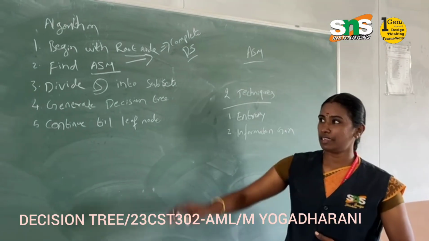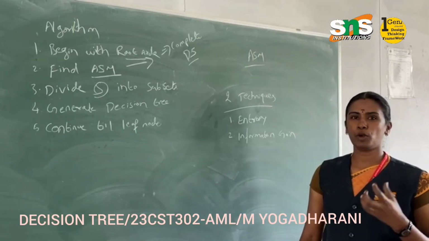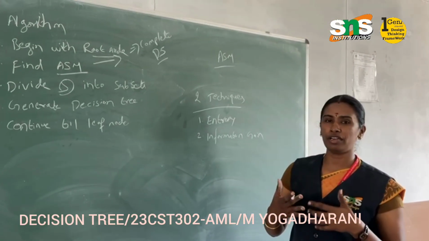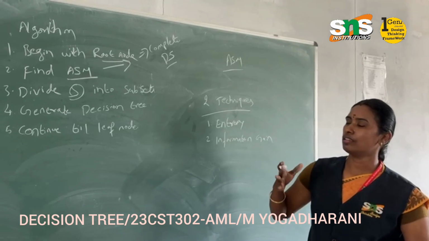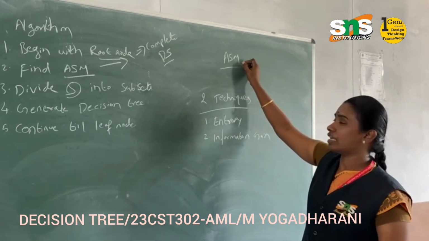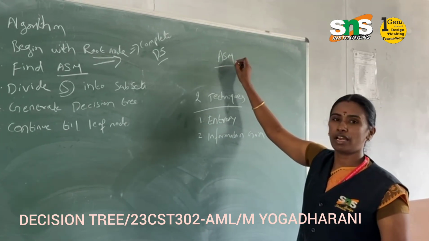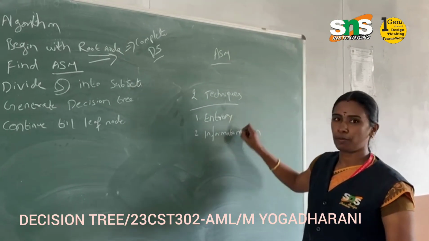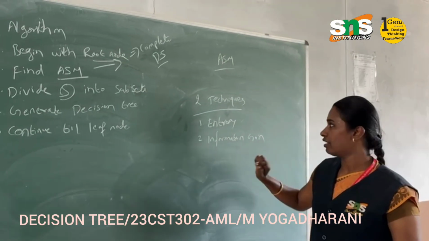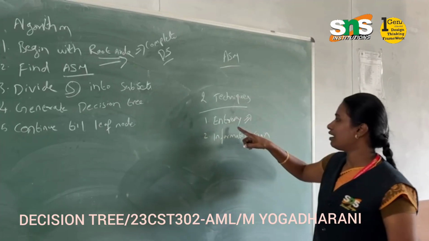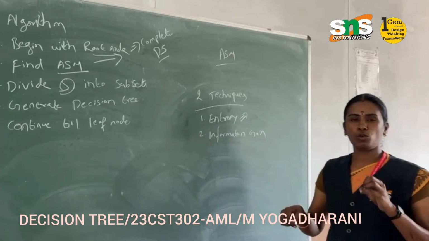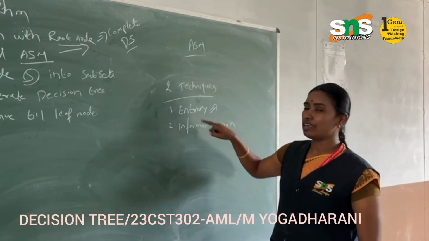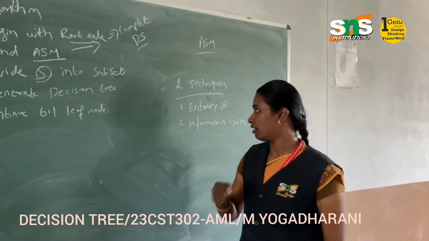While implementing a decision tree, there is a main issue: how to select the attribute in a given data set. So there is a solution called ASM. ASM stands for attribute selection method. In ASM, there are two techniques. The first one is entropy, and the second one is information gain. Entropy is a metric to measure the impurities in a given attribute. It is the degree of randomness of the data.